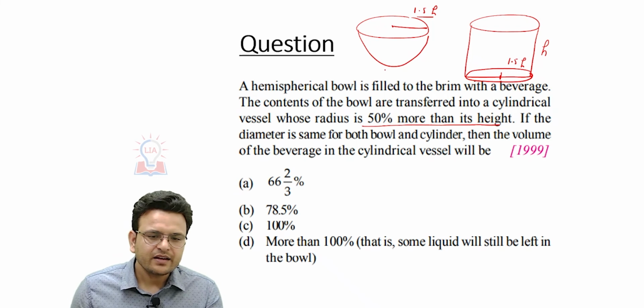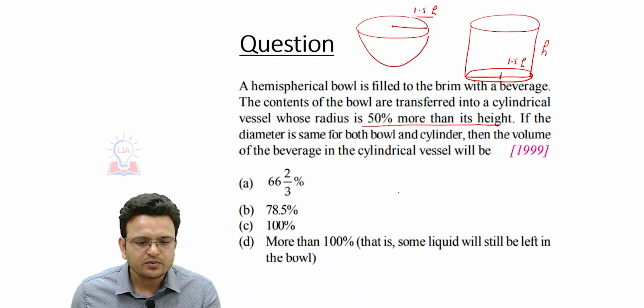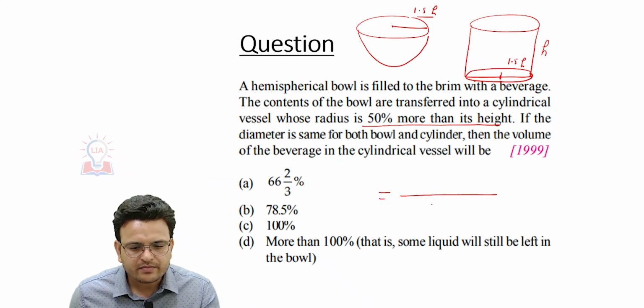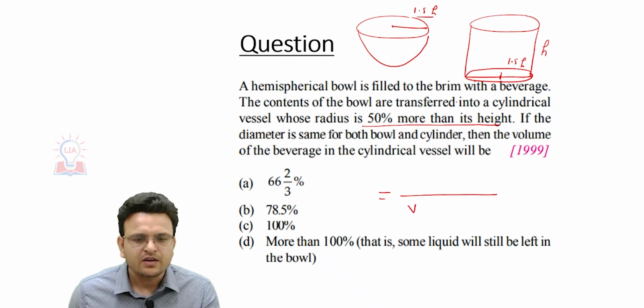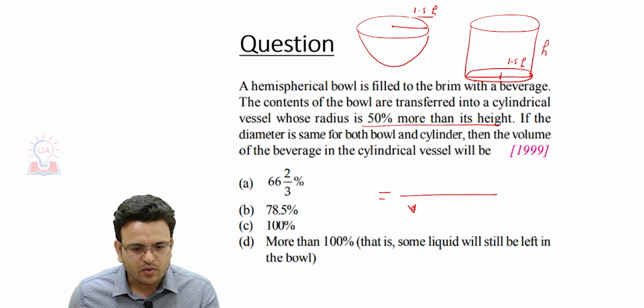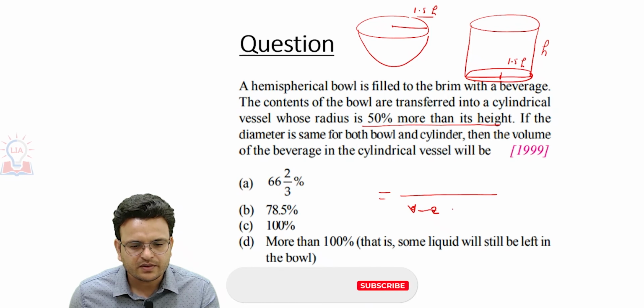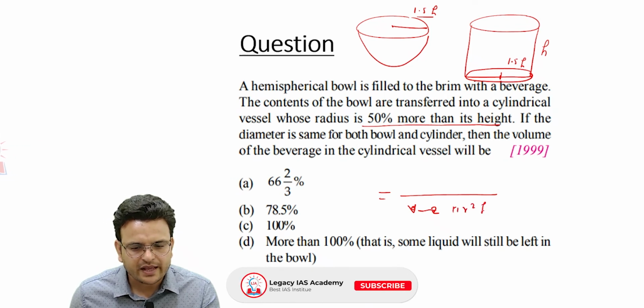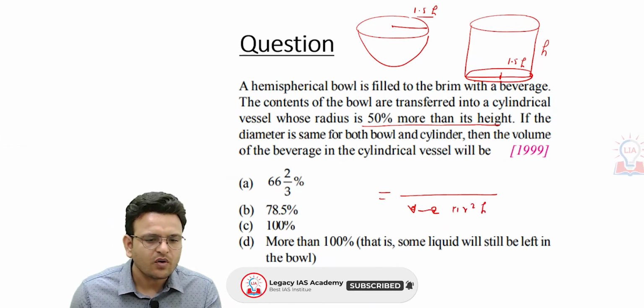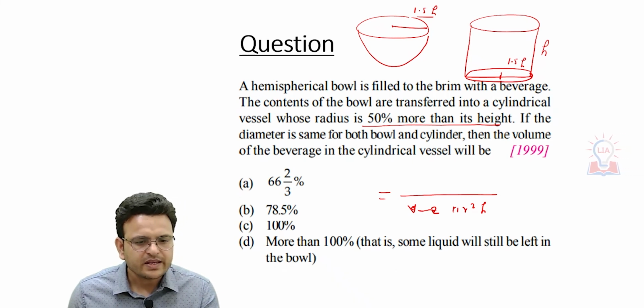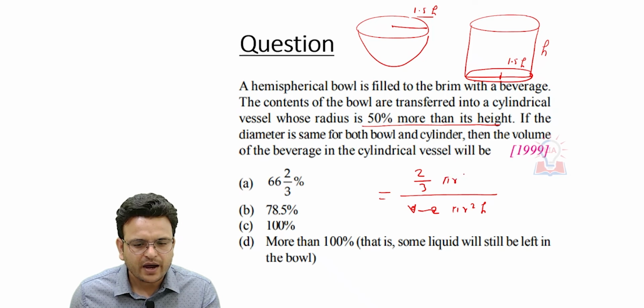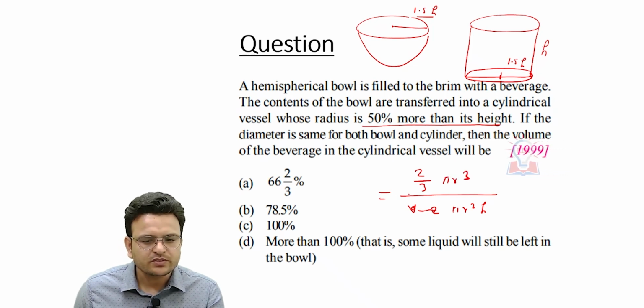Okay, so here what are the things we have to do? We have to take volume of cylinder. So volume of cylinder will be pi r square h, and volume of the hemispherical ball will be 2 upon 3 pi r cube.